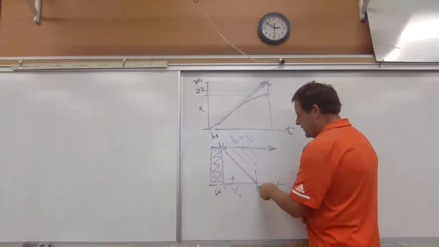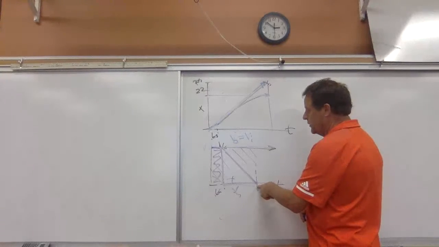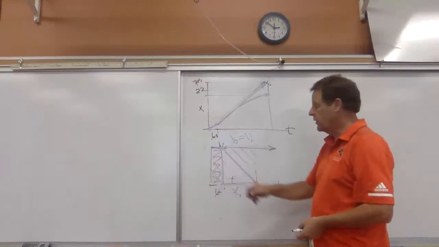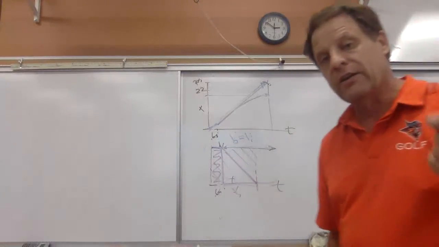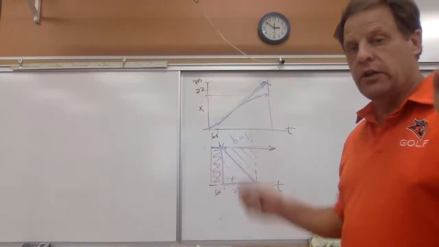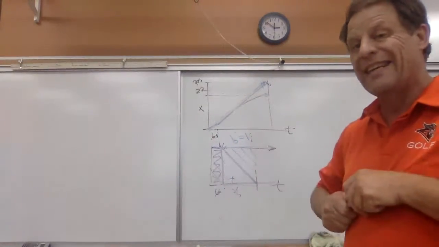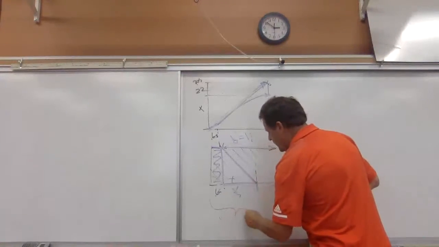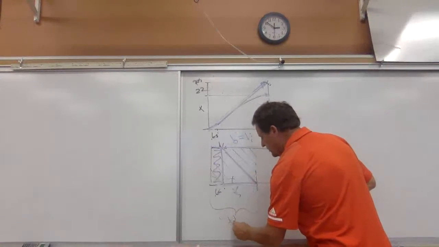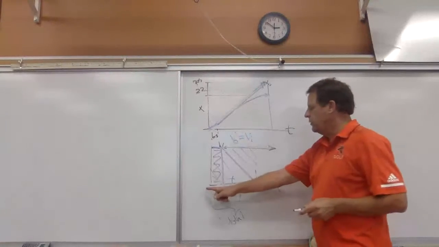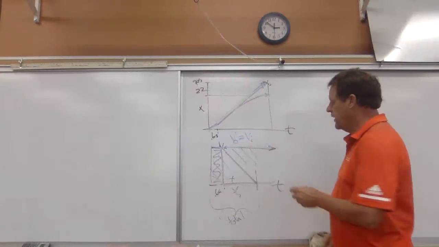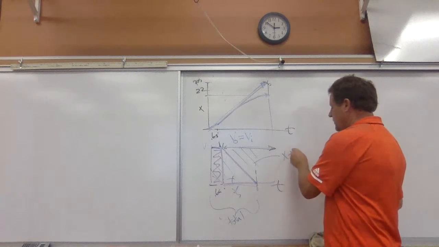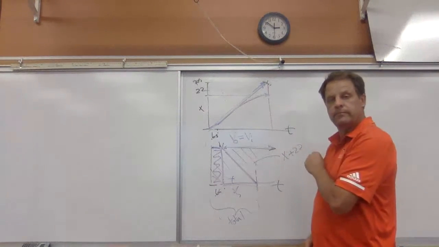Now, at this time, whatever the total time is, it will have gone this distance. Remember, if you calculate the area under a curve for a velocity versus time graph, it's going to give you the displacement or the distance. So if we have the total time, that would be this whole distance, and this whole area is going to be x plus 22.